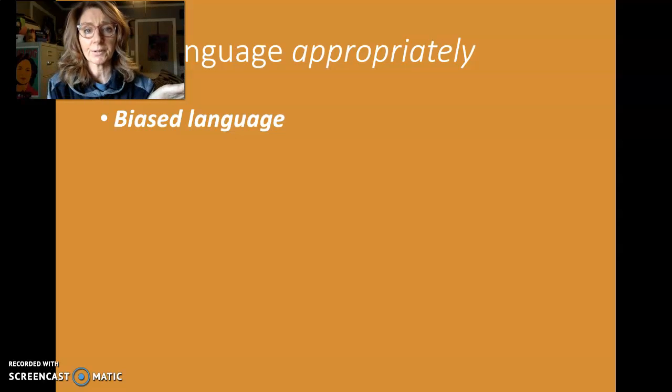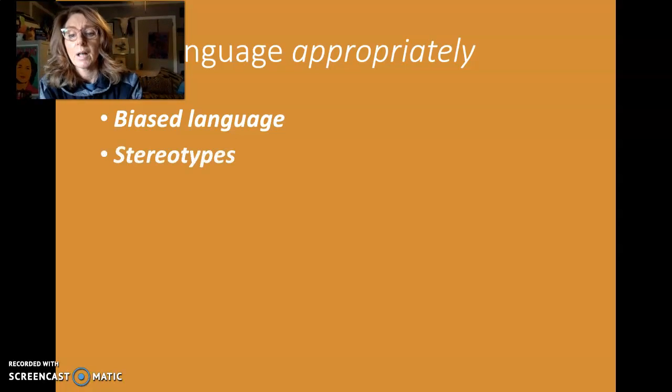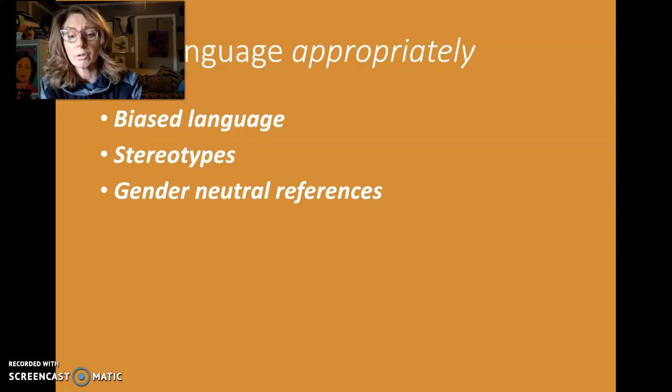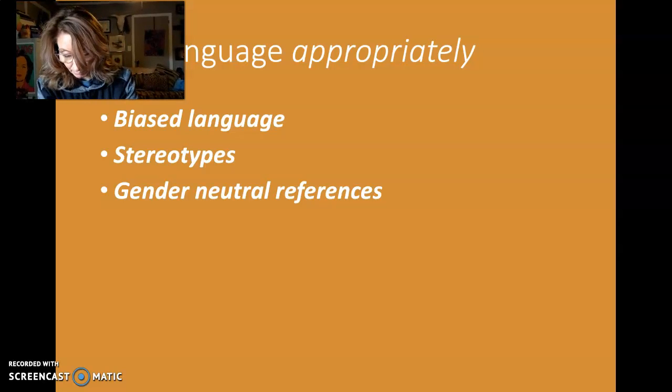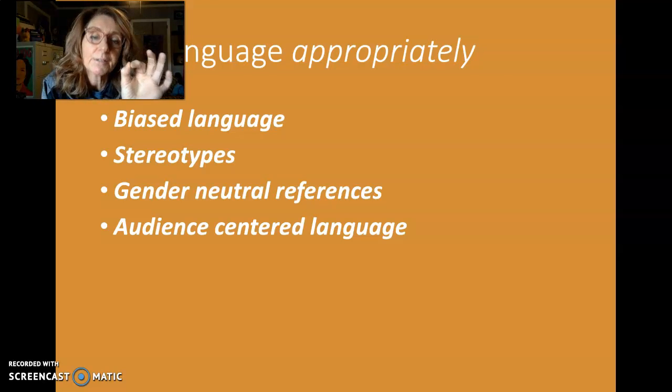Think of your audience, right? Of being kind and respectful to your audience. I talked about stereotypes. Gender neutral references, just talked about that. And again, audience-centered language. I think if you can use audience-centered language, when you think about who's in the audience, you will be considerate.